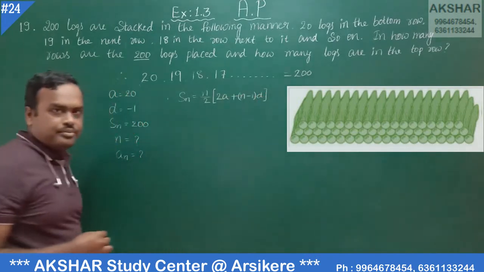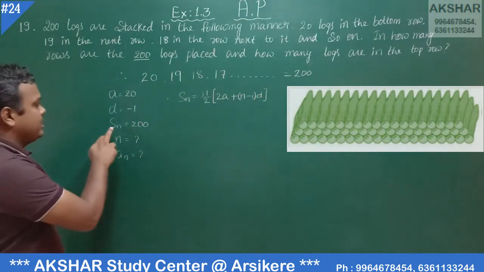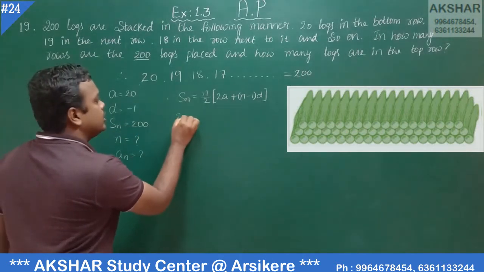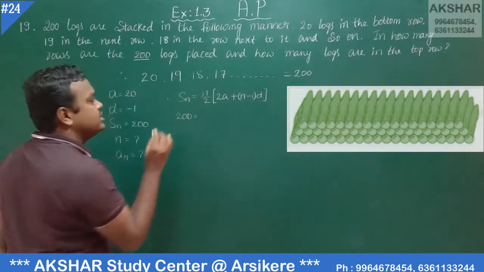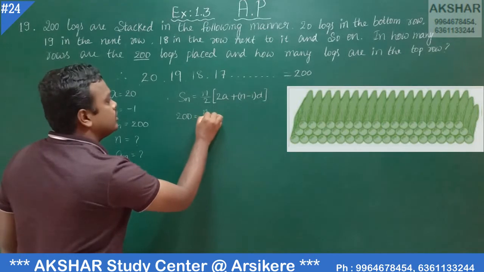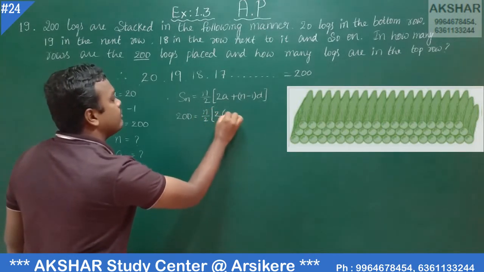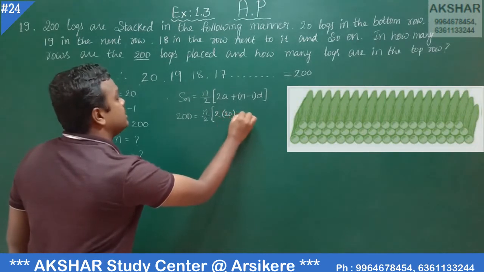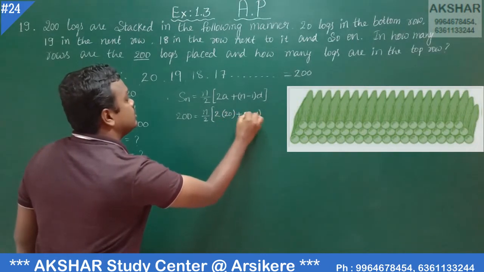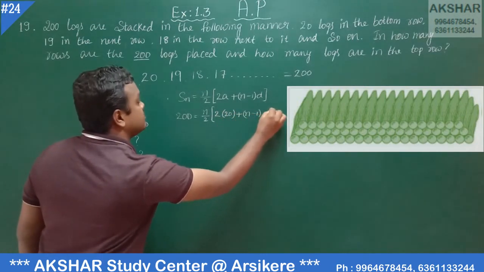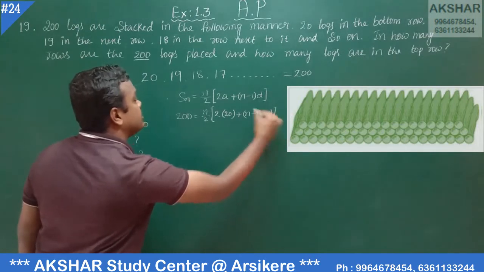This is the formula. Okay, I'll substitute the values. Sn is 200, which is equal to n, we don't know. I will write as it is, n by 2 into 2 into a value, which is 20, plus n minus 1, where the d value is minus 1, put a bracket for minus 1, close the bracket.